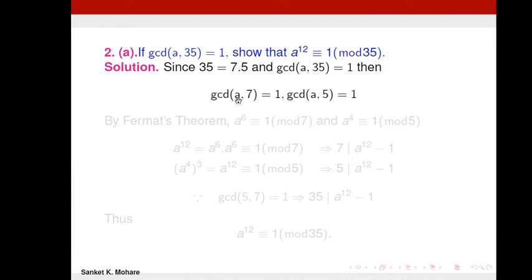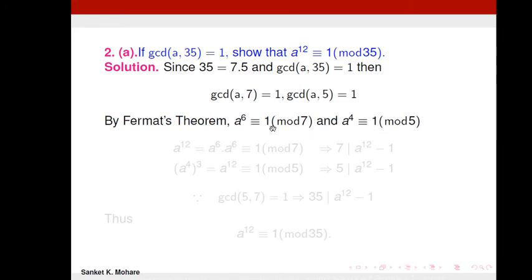By Fermat's theorem, a to the power p minus 1 is congruent to 1 mod p. Here the value of p is 7, so a to the power 6 is congruent to 1 modulo 7. And where p is 5, a to the power 5 minus 1, that is a to the power 4, is congruent to 1 modulo 5 using Fermat's theorem.